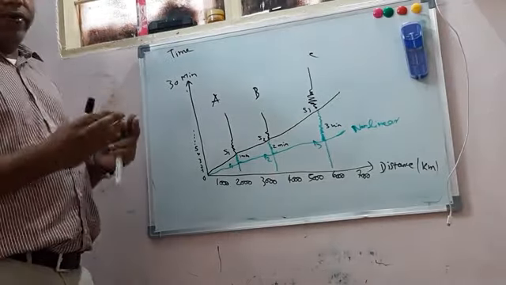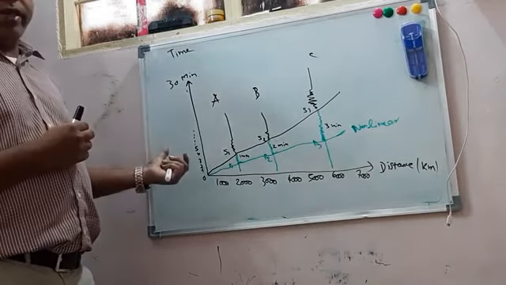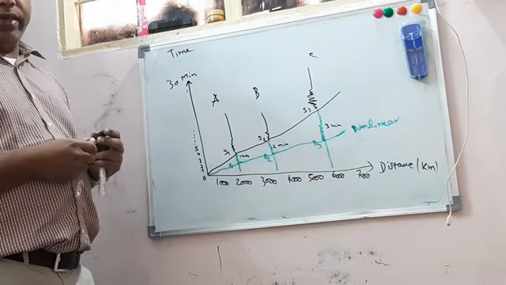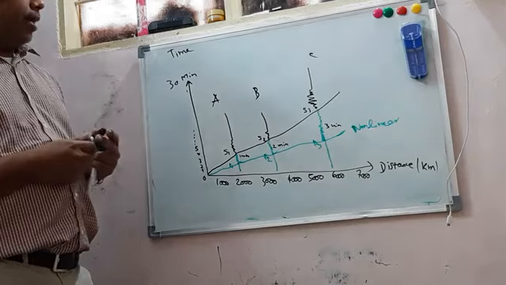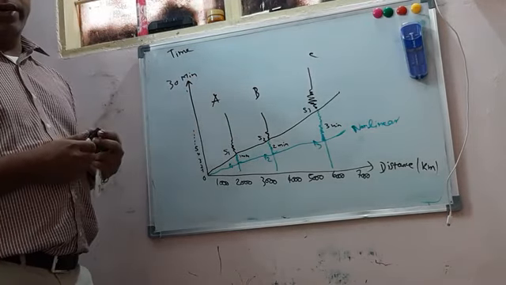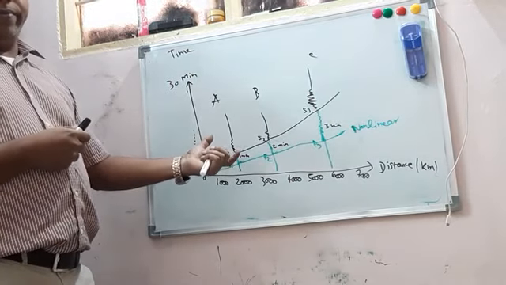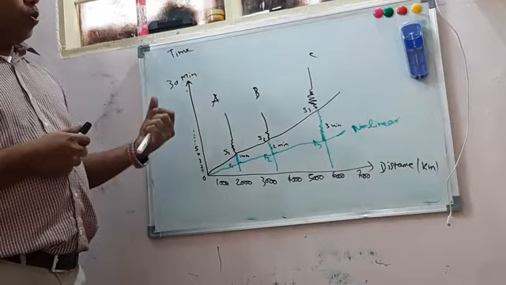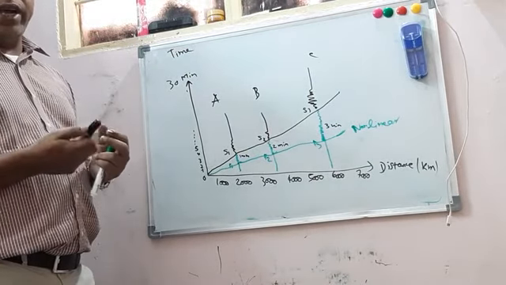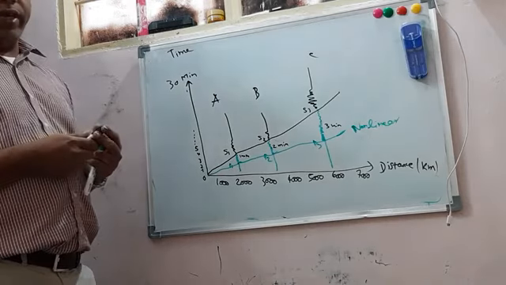And if the time difference is very short, the station is located very near to the epicenter. So this is one application of seismology. By using seismology and its data, you can interpret where the earthquake started, where it originated.